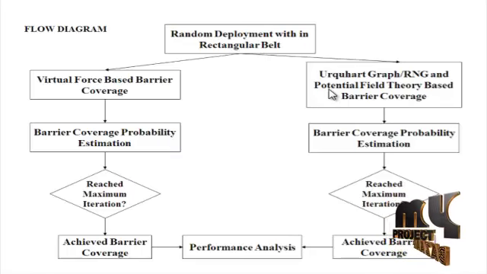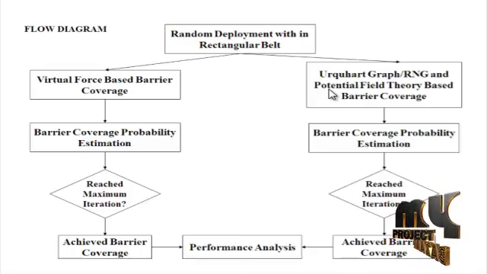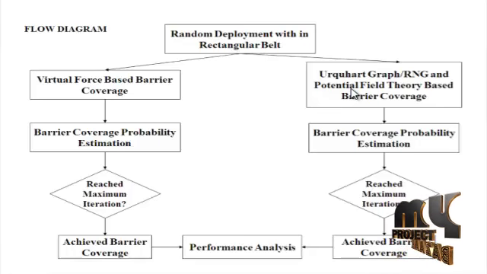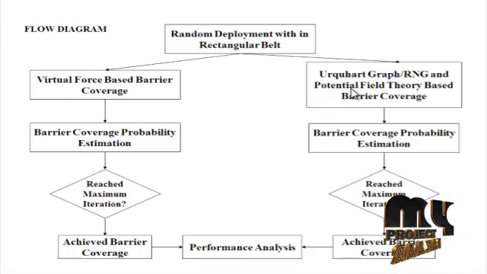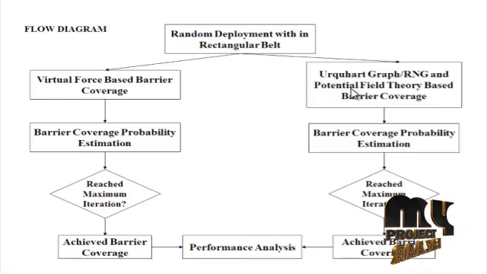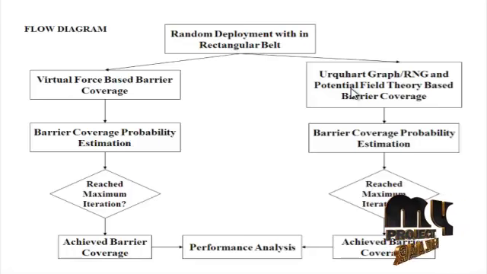The next scheme is called the Gabriel graph or RNG and potential field theory based barrier coverage. The relative neighborhood graph is an undirected graph defined on a set of points in the Euclidean plane by connecting two points P and Q by an edge whenever there does not exist a third point R that is closer to both P and Q than they are to each other.